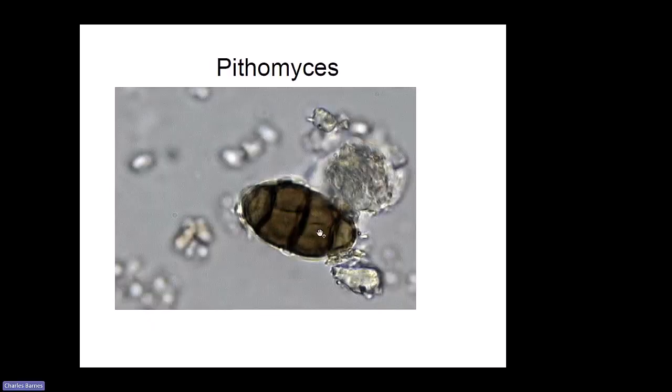Pithomyces is another ascospore, but in the asexual stage, it comes along as kind of an Alternaria without the beak. And if you think these are related, you're right. And they also tend to share quite a few allergens, and so it's not unusual if somebody tests positive to Alternaria, they might also test positive to Pithomyces or epicoccum.